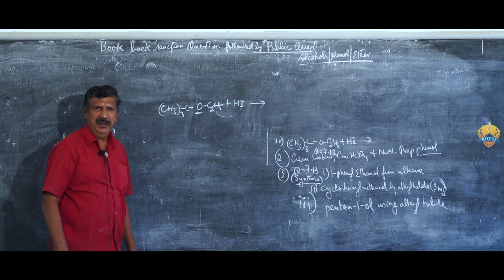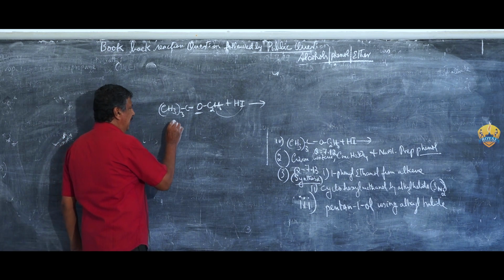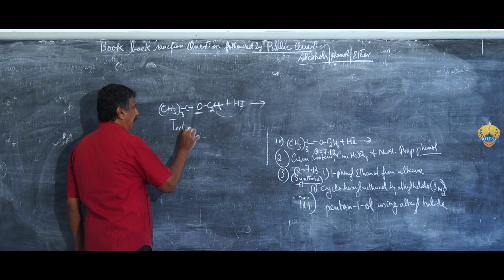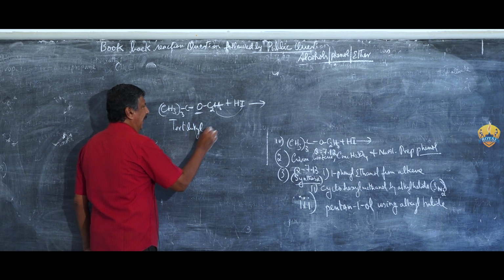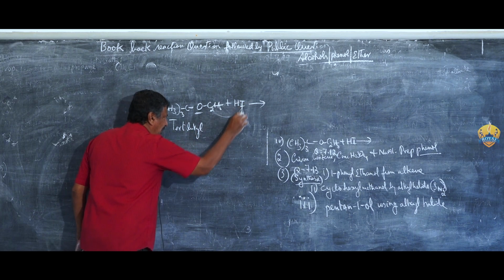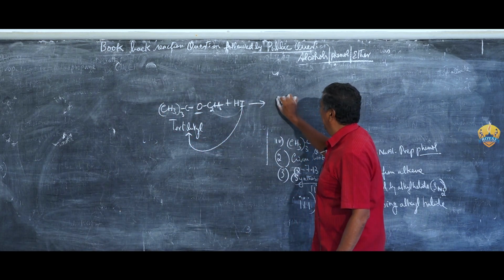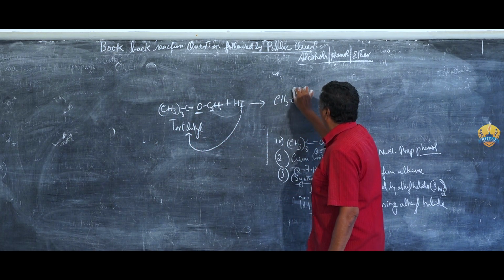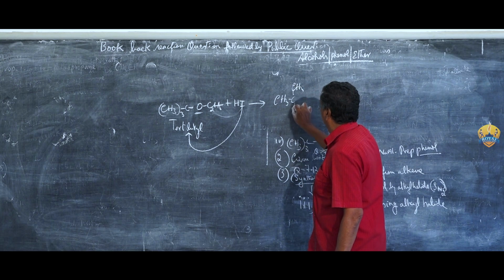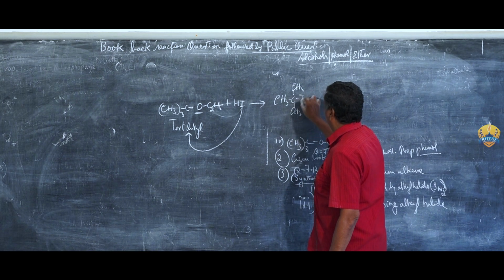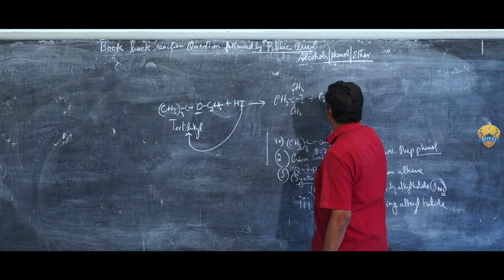What is the concept here? In this case, whenever you have a tertiary butyl, the I will join with the tertiary butyl to form this answer. This is against the concept.